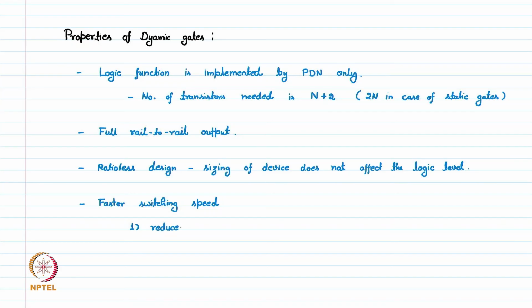So in these dynamic gates, we have reduced load capacitance. Second, we have reduced load capacitance because of smaller output loading.